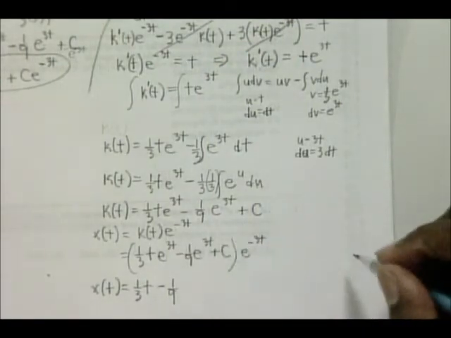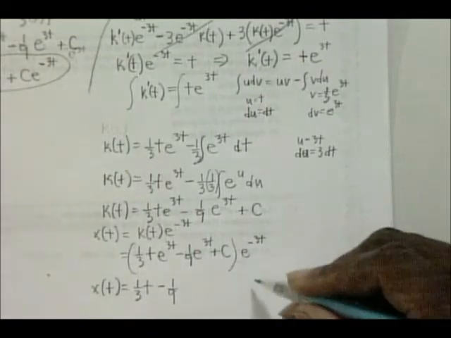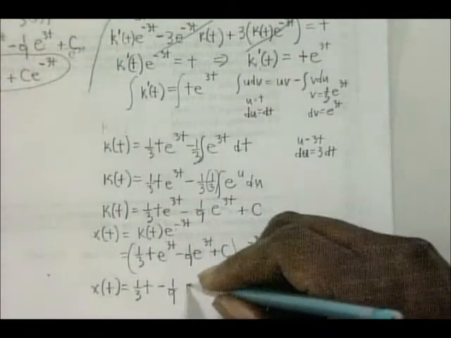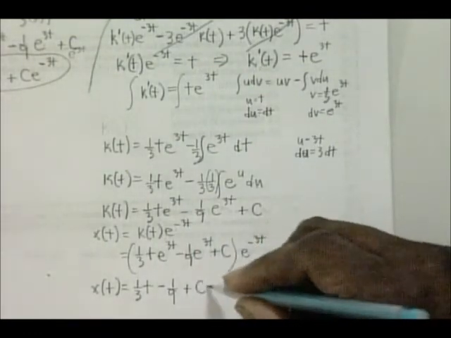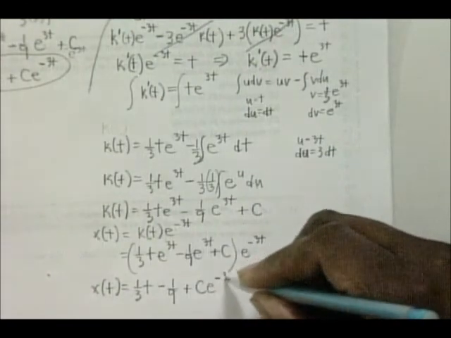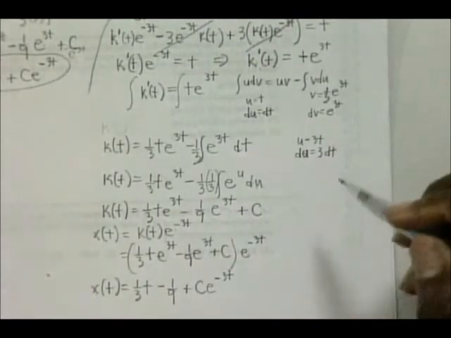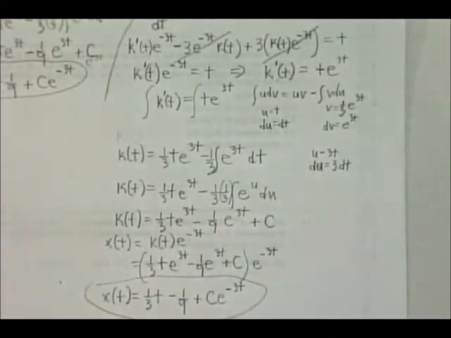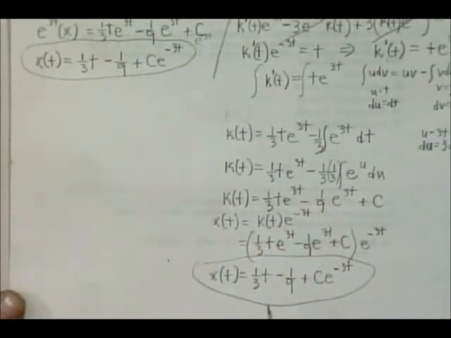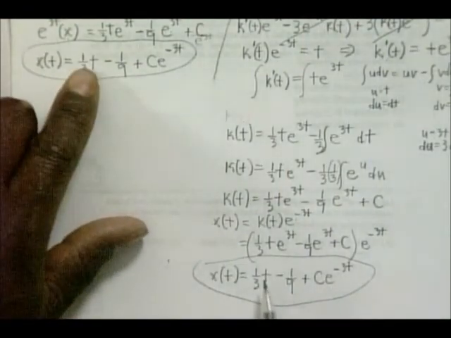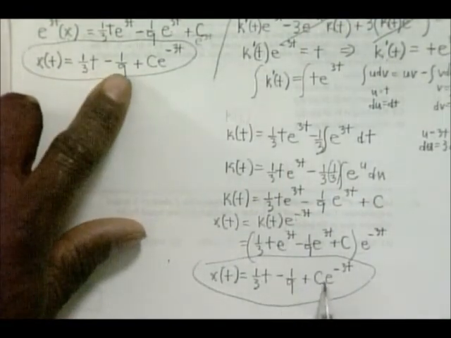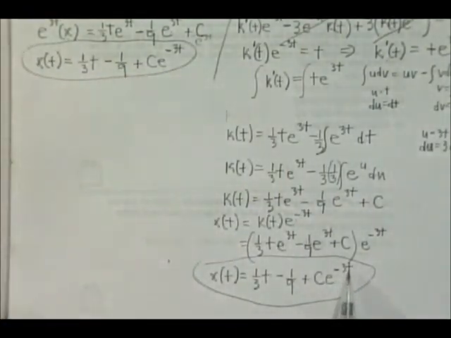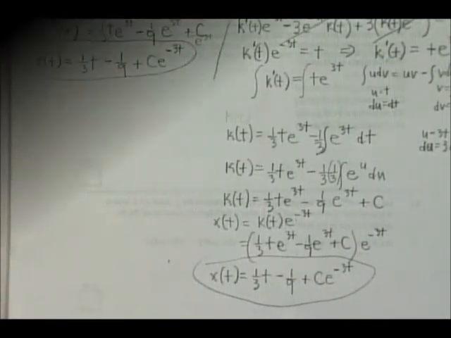You add the exponents when the bases are the same. We get e to the 0, which is 1, plus c, e to the negative 3t power. Final answer. And thank God, we end up with 1/3 t minus 1/9 plus c e to the negative 3t. We got the same answer. All right.